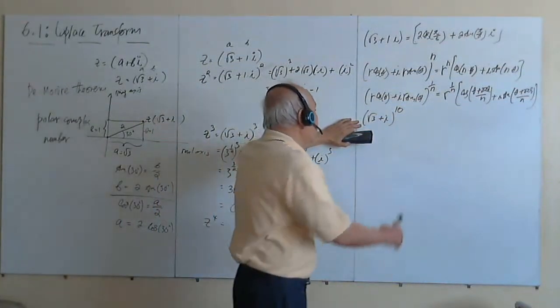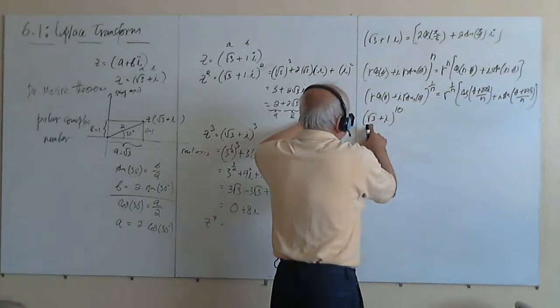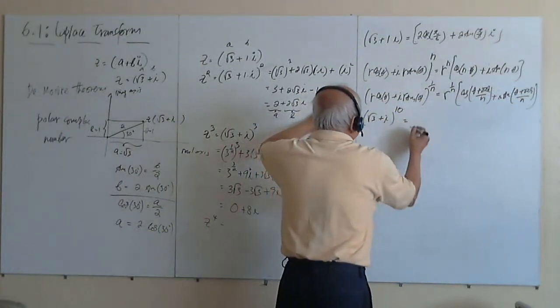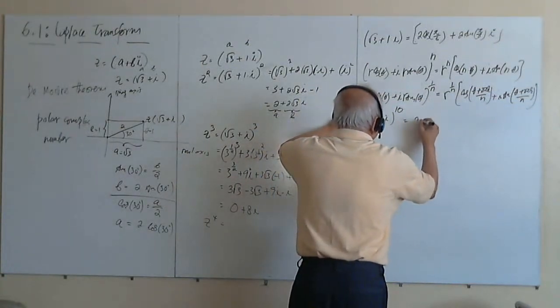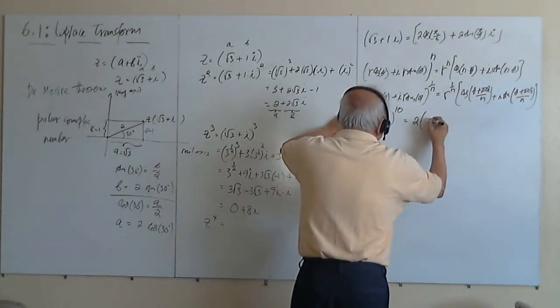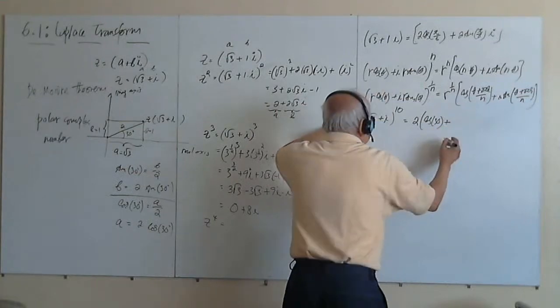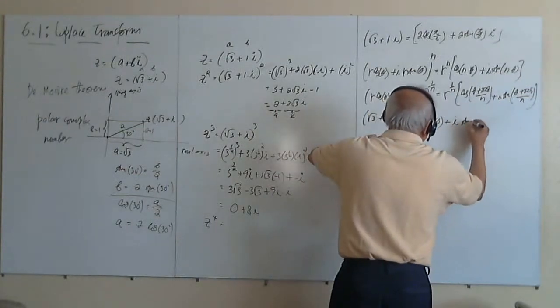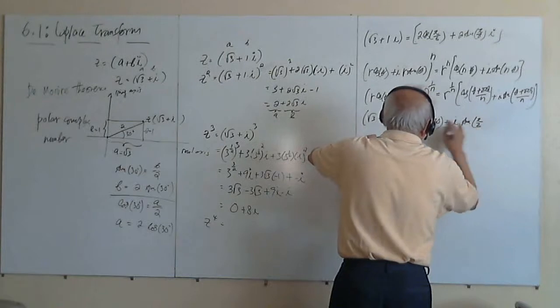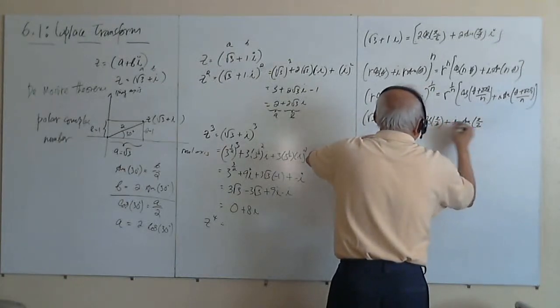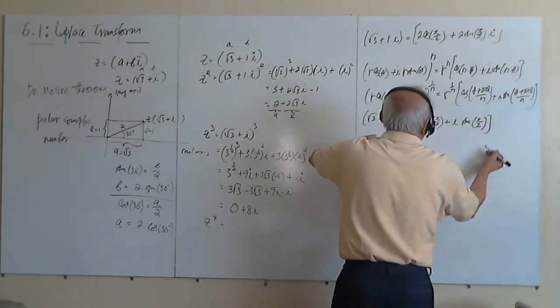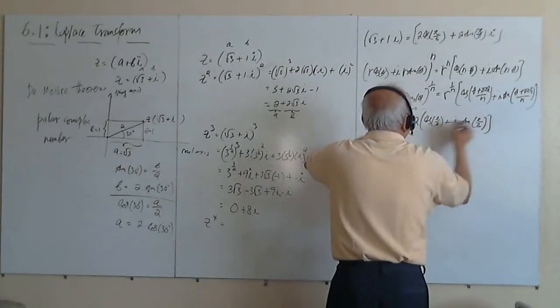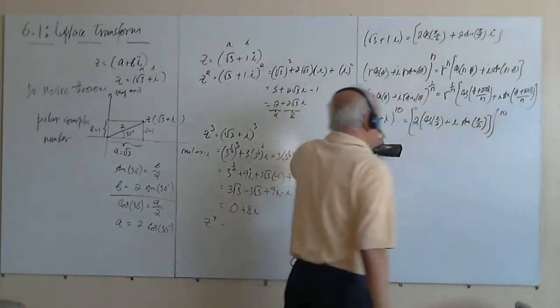So what it says is that, instead of representing square root of 3 plus i like this, I'm going to represent it as 2 times cosine 30 degrees plus i sine pi/6, and then raise to the power 10.